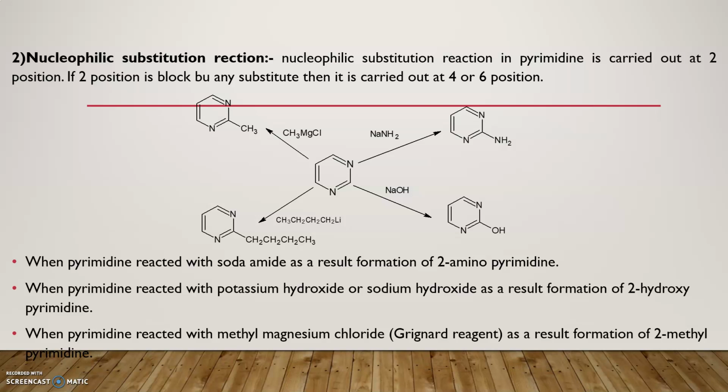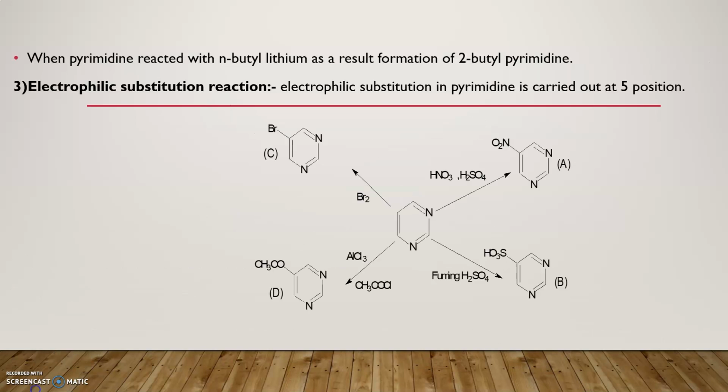As we have discussed above, nucleophilic substitution reactions in pyrimidine take place at the second position. If the second position is blocked, then the nucleophilic substitution reaction is carried out at the fourth or sixth position. That's all about the nucleophilic substitution reactions of pyrimidine.